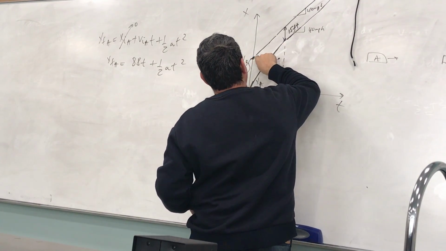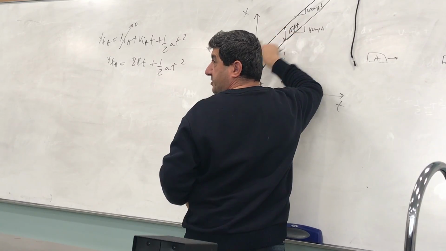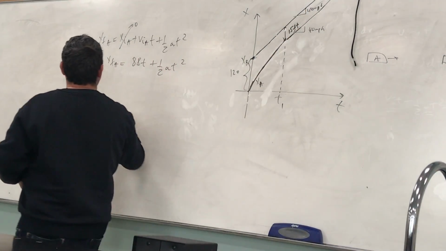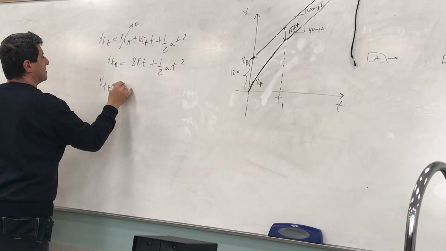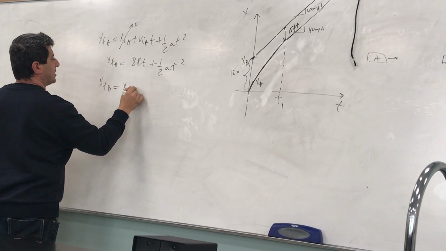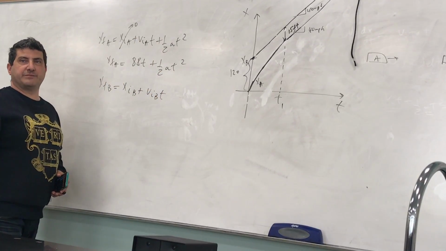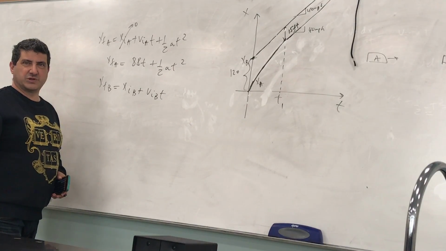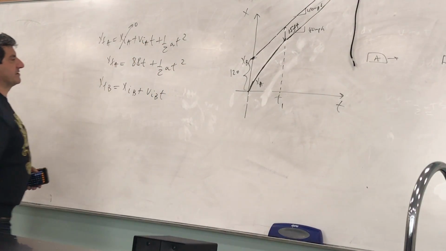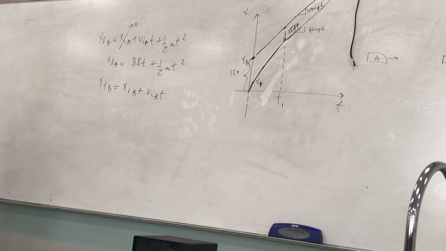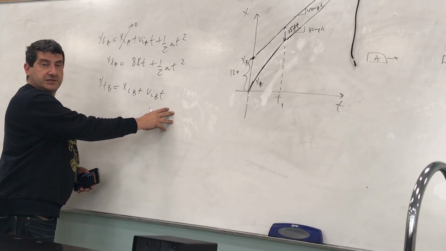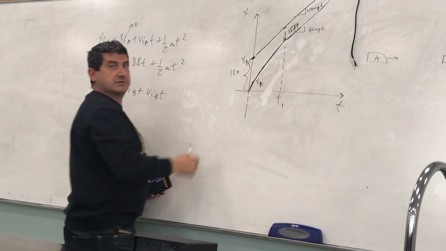Now, what's the equation of the straight line? X final of car B is X initial of car B plus V initial of car B times T. The acceleration of car B is 0, right? So that's the only thing describing that straight line position, you see?